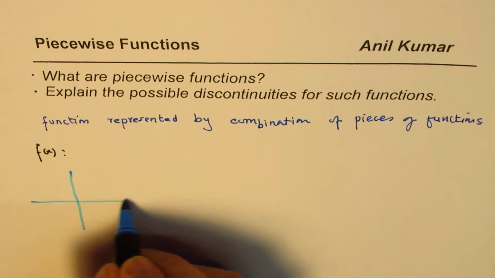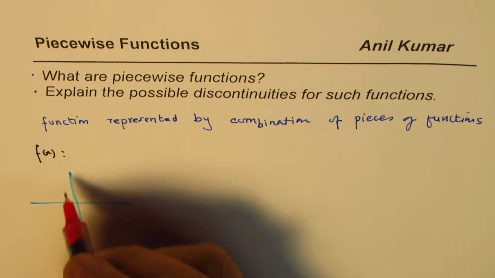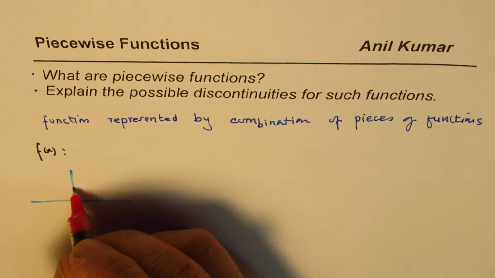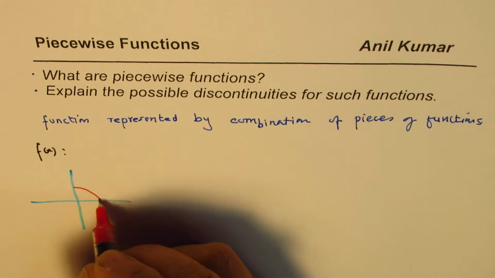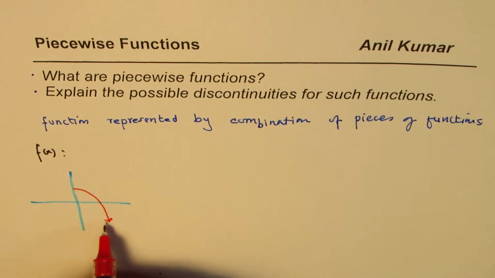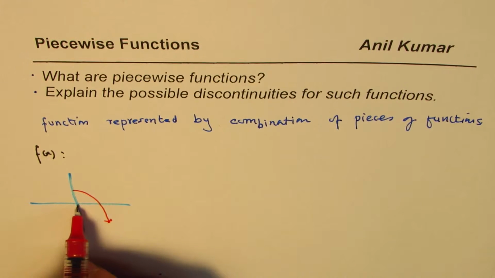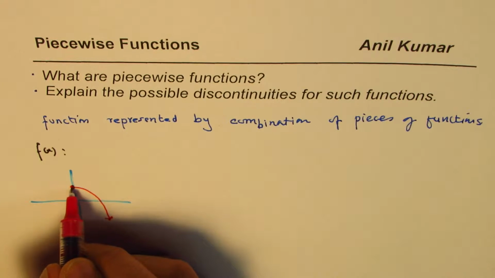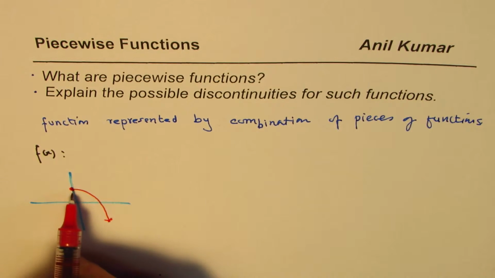Let's say the function is kind of a parabola, going down like this. So this function, what we have defined, is one piece, and this piece is defined for values which are greater than 0, right? And if I fill this up, I say which includes the point at x equals to 0.